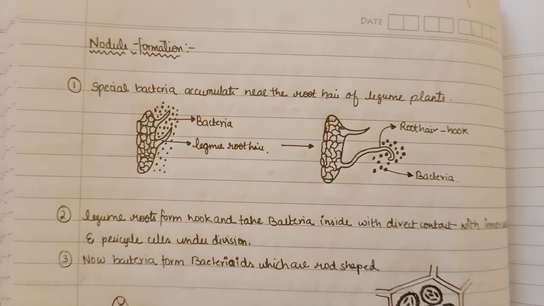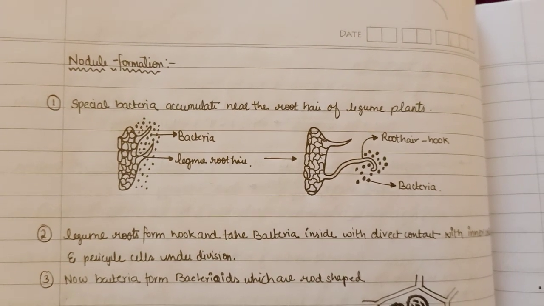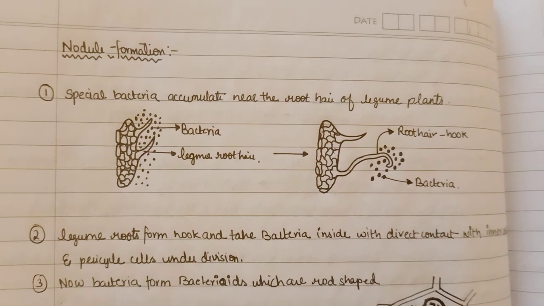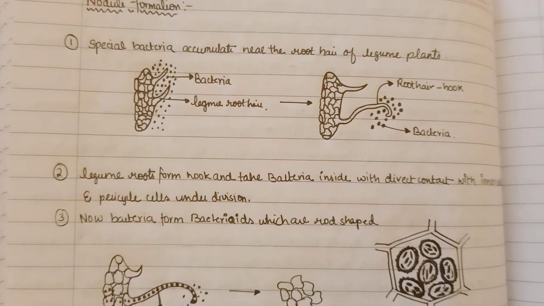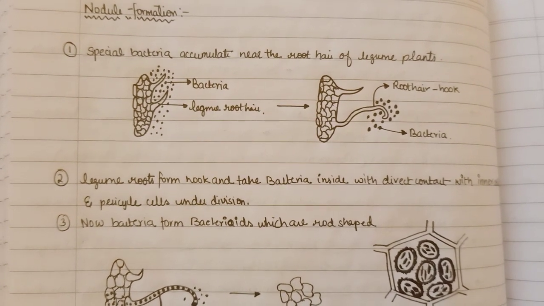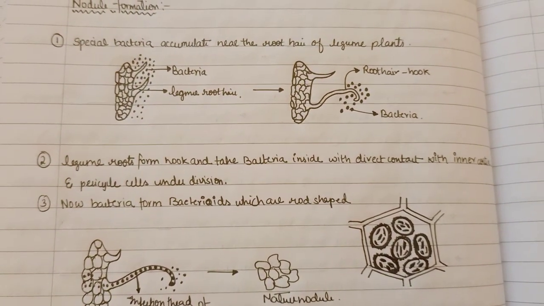Now let us discuss nodule formation. The special bacteria accumulate near the root hair of the legume plant, forming a nodule. Here you can see the accumulation of bacteria. Then the legume root forms a hook and takes bacteria inside, in direct contact with the inner cortex and pericycle, which undergo division.